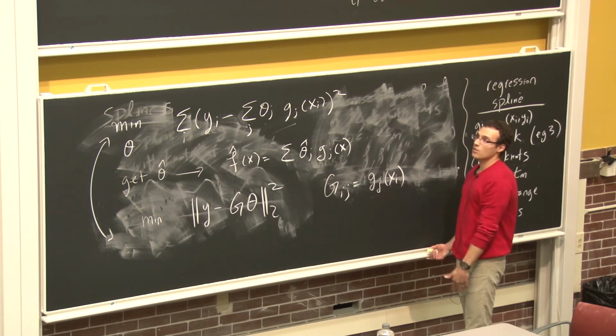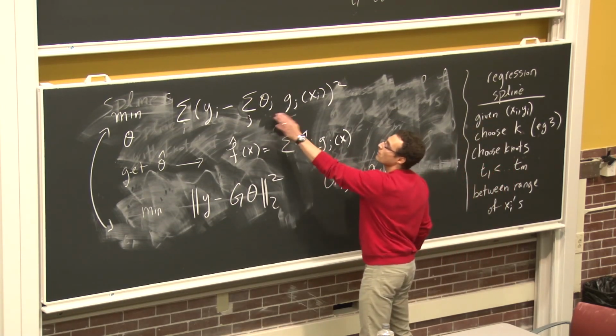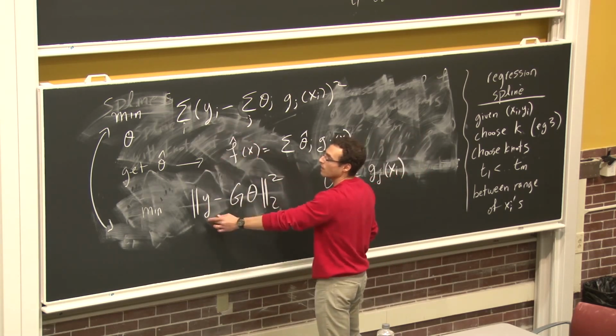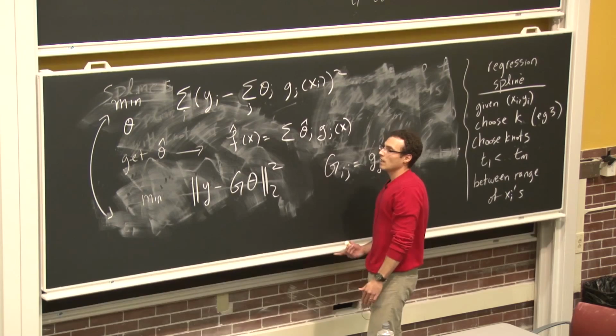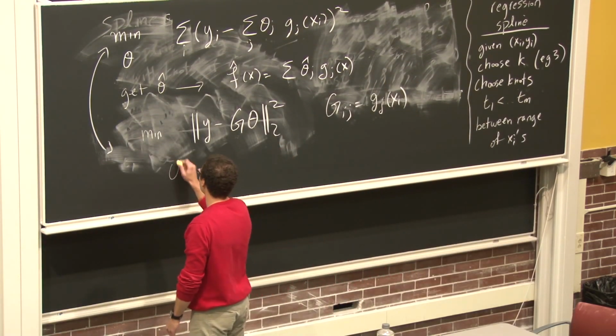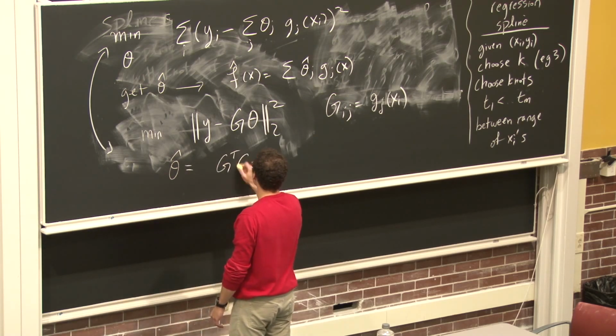Then these are the same thing. I've just rewritten it in a different notation. Taking linear combinations of the columns of G is the same thing as doing G times theta. And so, of course, from our favorite expression, we can write down an analytic form for theta.